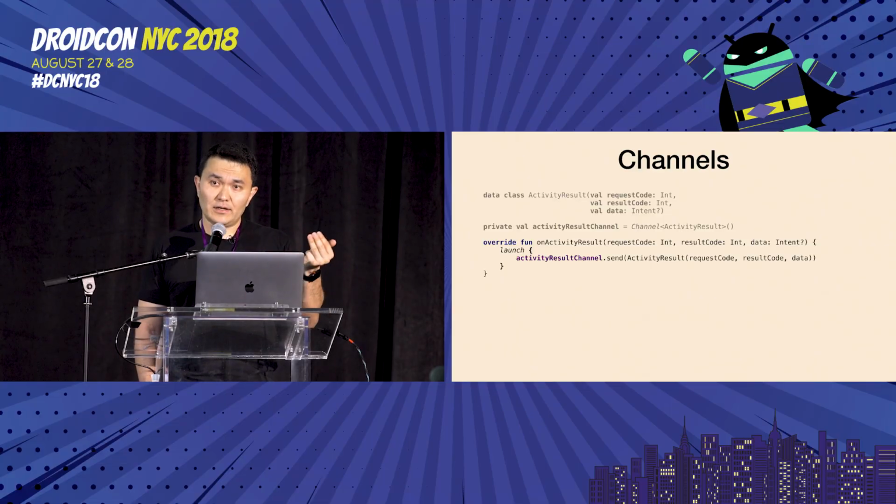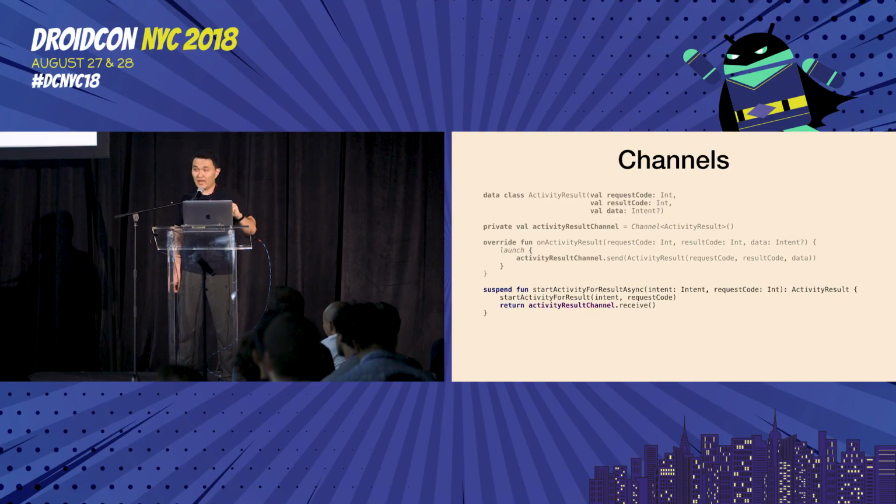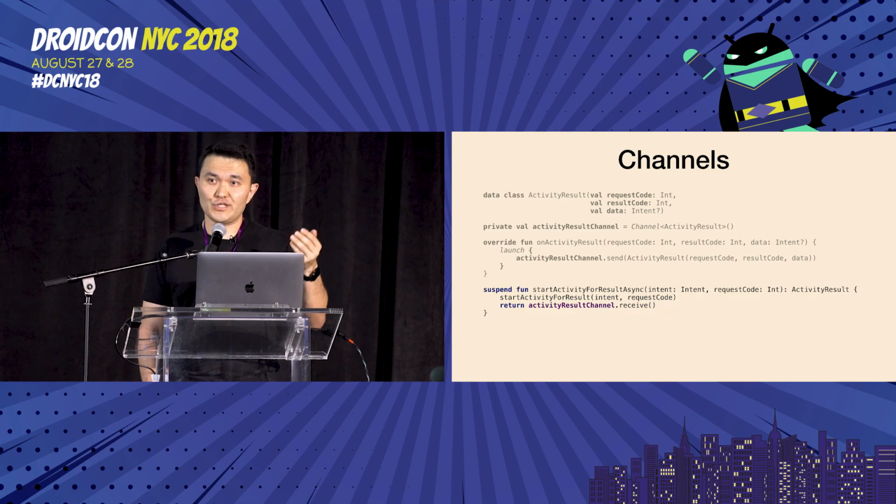When the activity result is returned, I package that result and send it to that channel. In order to use this, I can wait on the channel to receive the data.